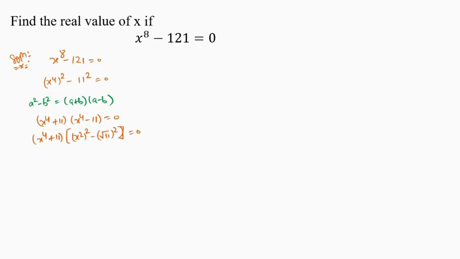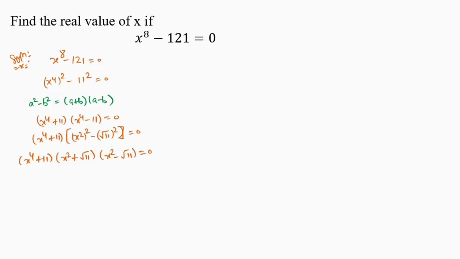Using the same above formula, we can rewrite this as (x raised to power 4 plus 11) times (x square plus root 11) times (x square minus root 11) equals 0.